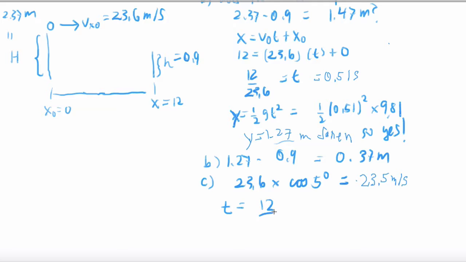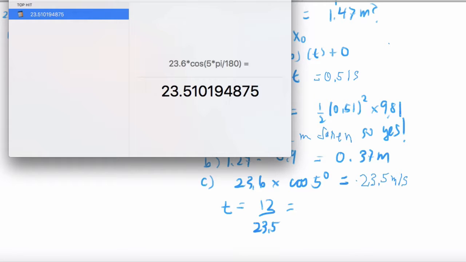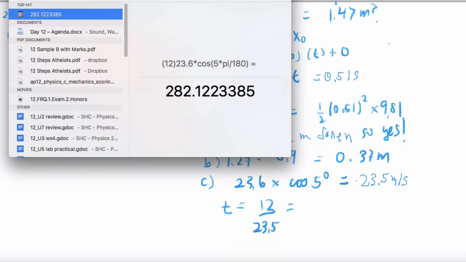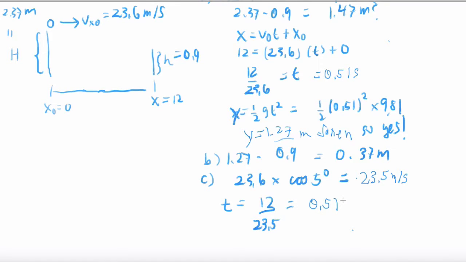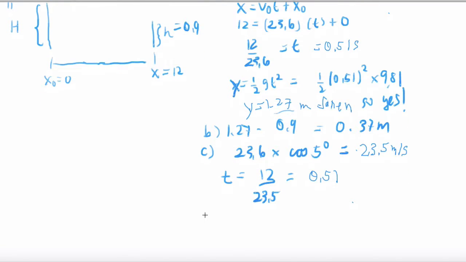That's 12 over 23.5. Let's just see what we get with that. Still getting 0.51. So to within a decimal place, that works, but now let's look at what's happening in the y direction.